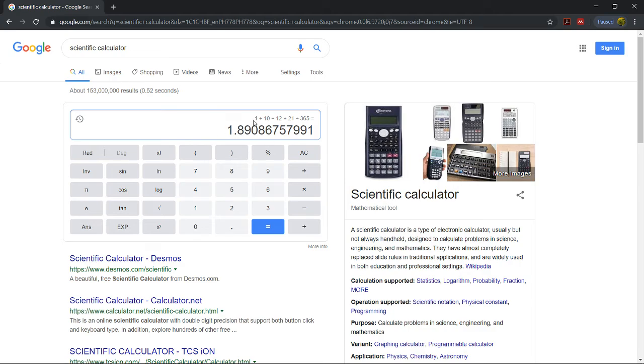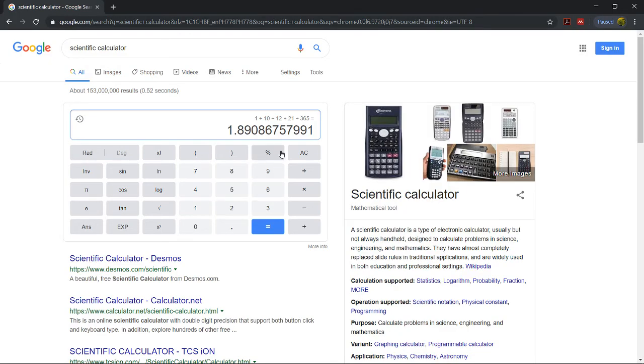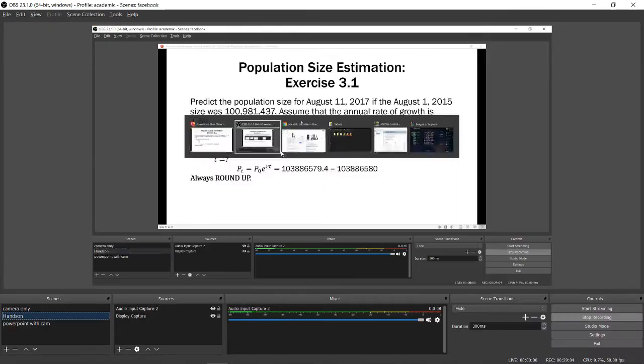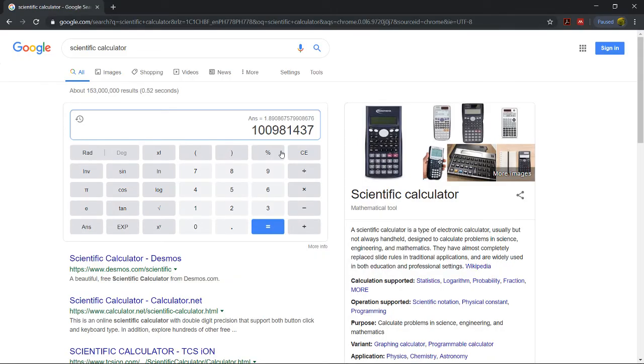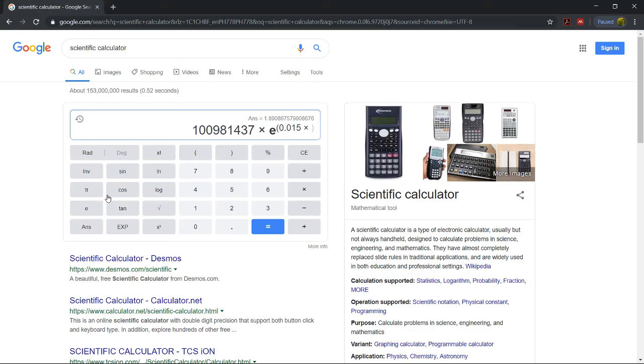Okay. So in order to make use of the ANS function, we're going to do 100,981,437 multiplied by e raised to r, which is 0.015, since we need to express annual rate of growth in decimal form, multiplied by time, which is our previously set answer.